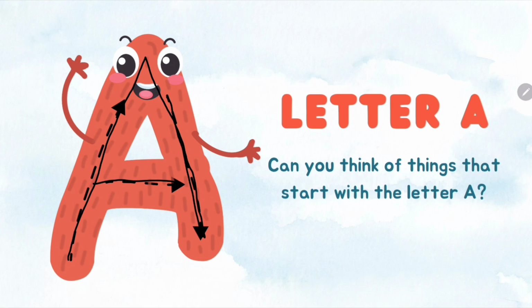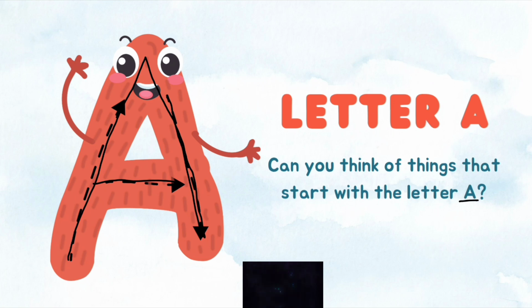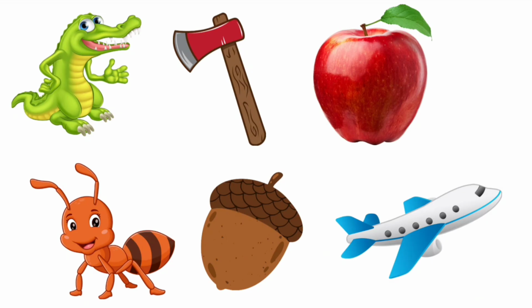Okay, so this is letter A. Can you think of things that start with the letter A? Can you think of any things around your house or outside your house? Think. These are starting with letter, yes, A.